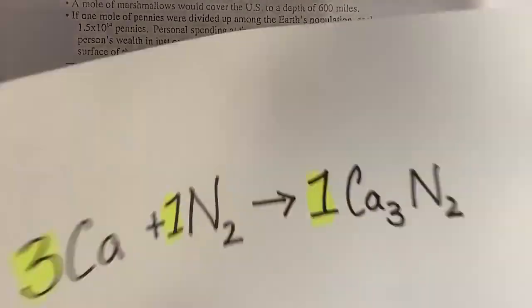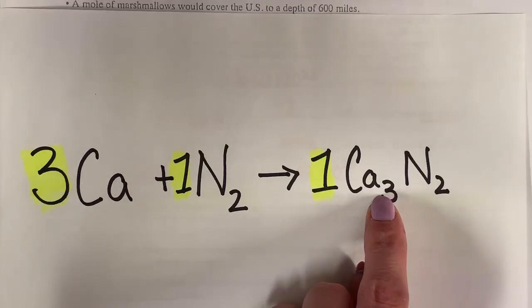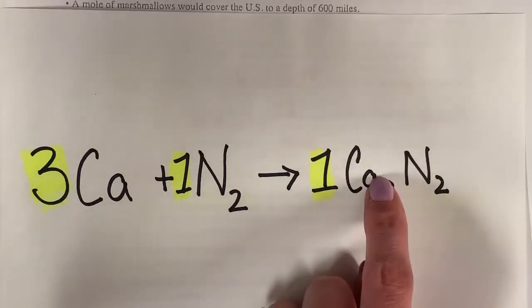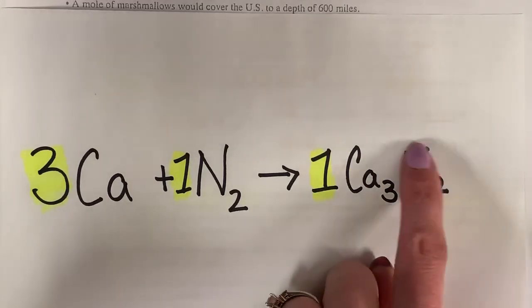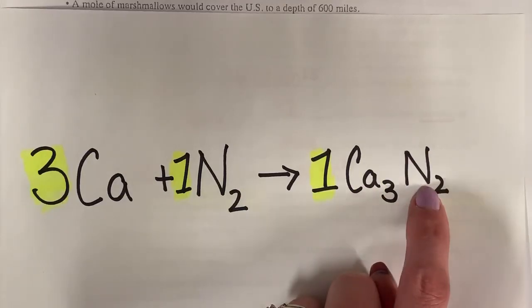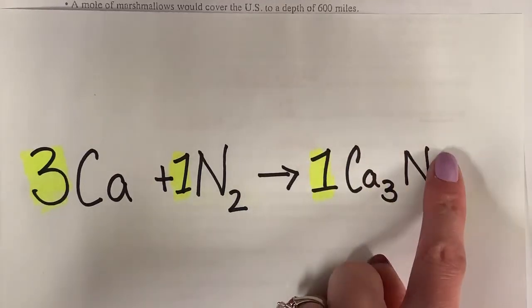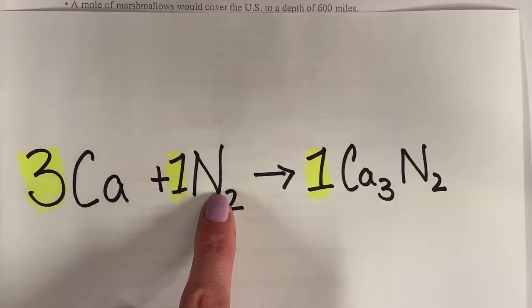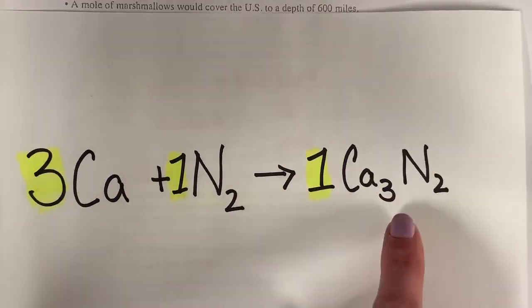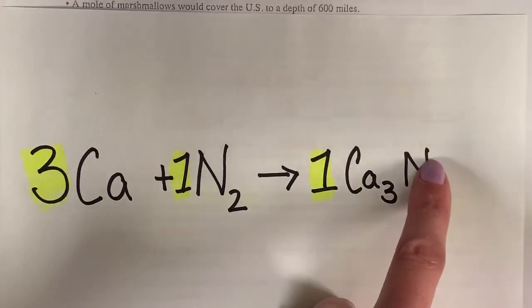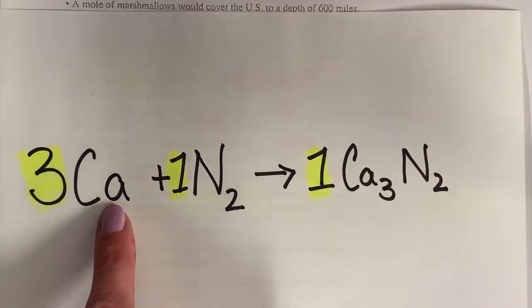Now this was also a molecule. I've got 3 Ca's bonded to 2 N's to make 1 molecule. So this is a molecule because it's more than 1 atom. This is a molecule because it's more than 1 atom. This is just an atom because it's by itself.